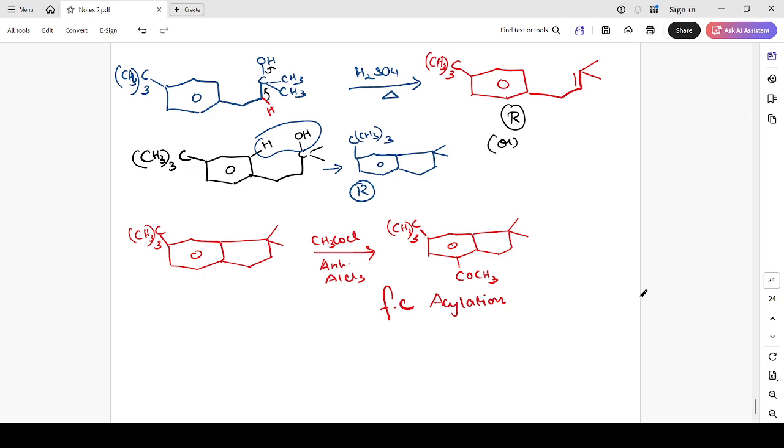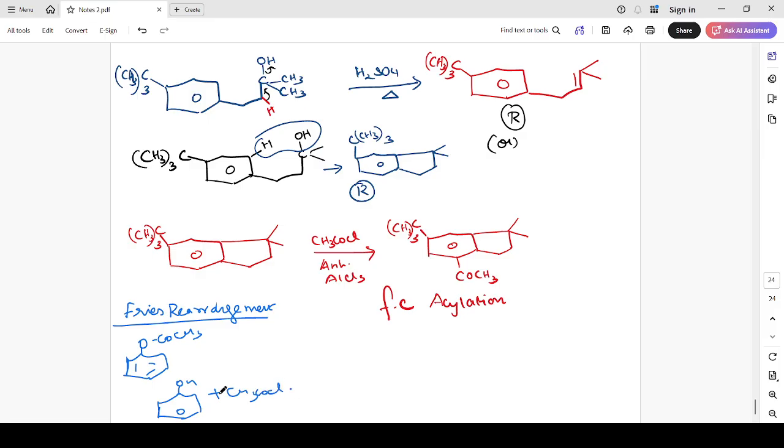In the last class, I just gave you a glimpse about this Fries rearrangement. Whenever you are having phenolic esters, why do I call it a phenolic ester? Because I synthesize this from phenol. From acetylation of phenol, I synthesize this compound.